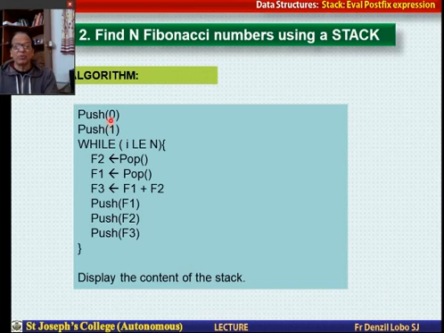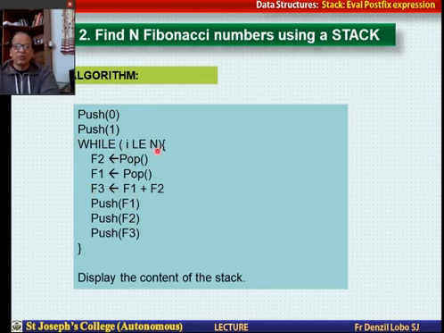So this is what we are going to do. First we push 0 onto the stack, then we push 1 onto the stack. Then, as long as the i value is less than or equal to n, we pop these numbers 0 and 1, add those f1 and f2, you get the third Fibonacci number, and you push f1, f2, f3.